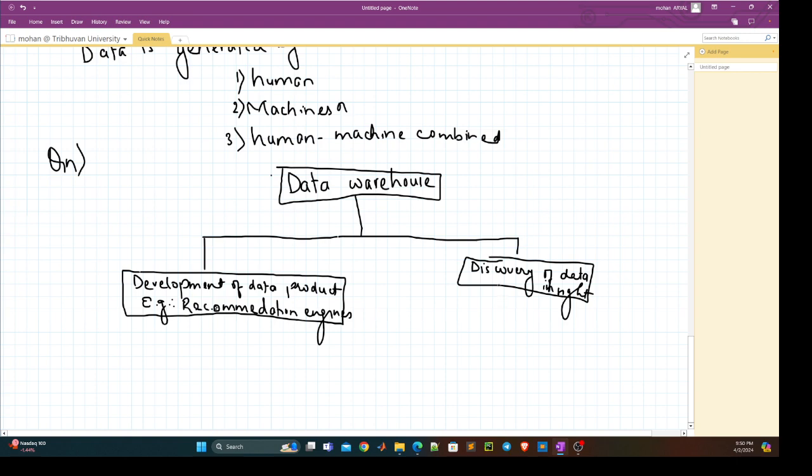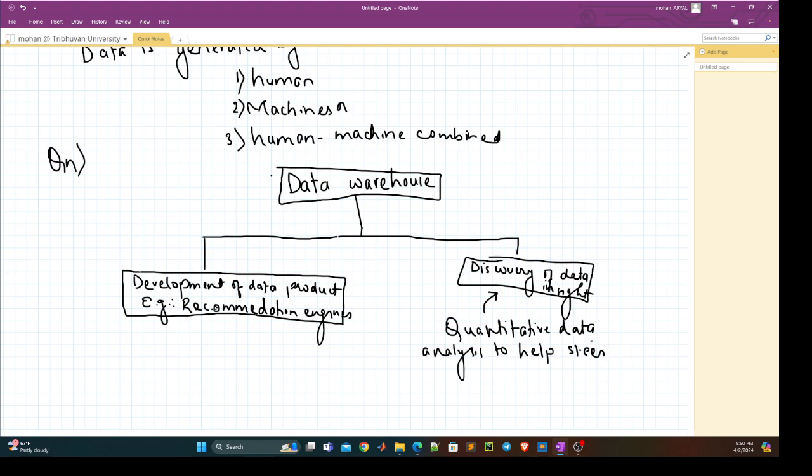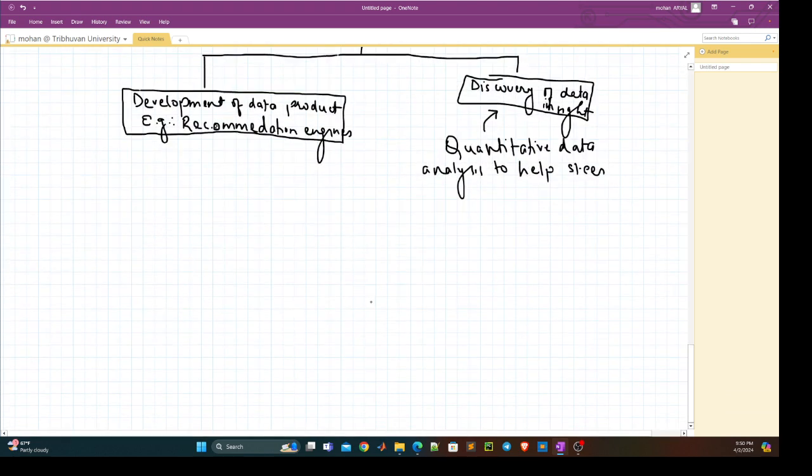And the discovery of data insight incorporates quantitative data analysis to help steer strategic business decisions.